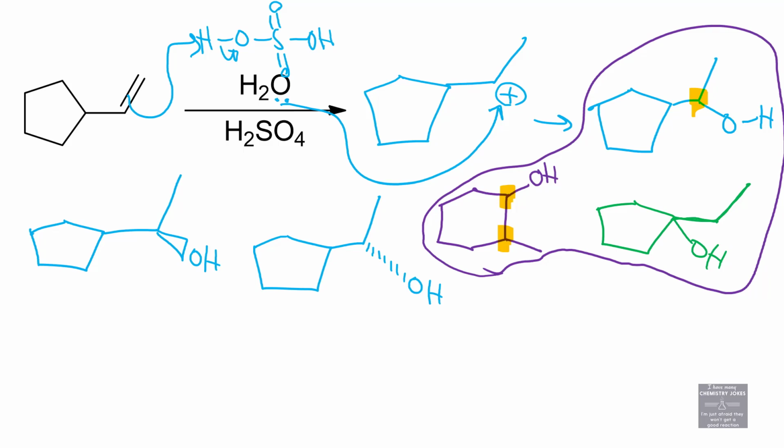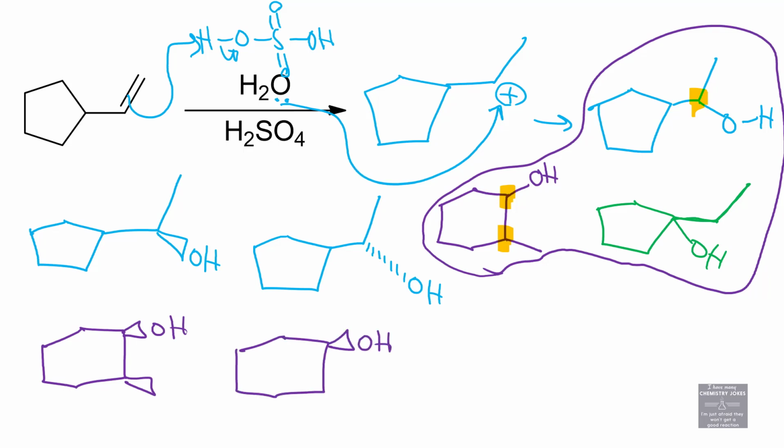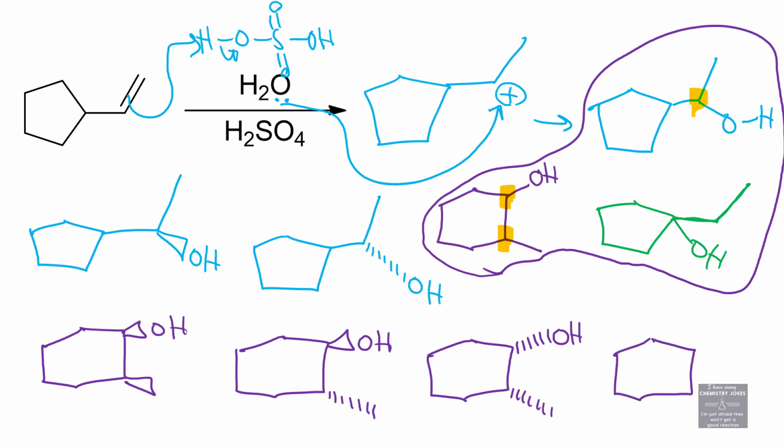And then the purple, I wish I had not had to clean off my board to save myself some space. The purple has 2 asymmetric carbons. So if I drew all 4 stereoisomers of the purple, should this reaction create all 4 isomers? Yes, it actually should.